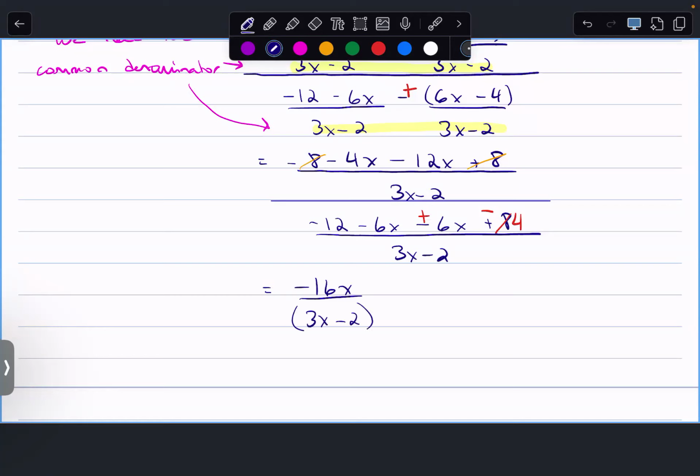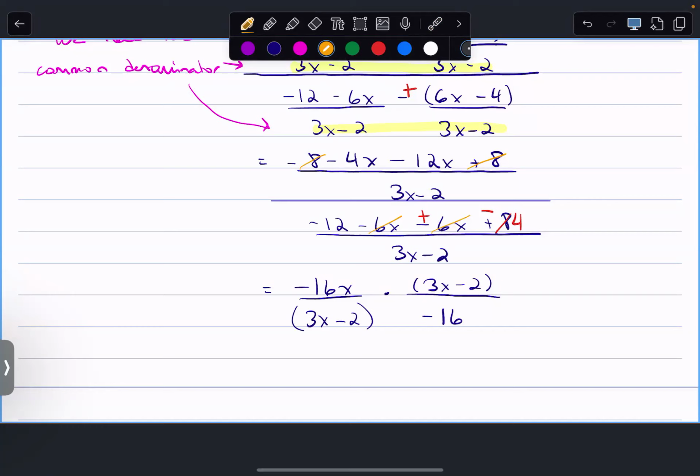Throw brackets on there to show it can be one thing. Times 3x minus 2 divided by, here's the pickle. Negative 12 minus 4 is negative 16. And negative 6x plus 6x, that's going away. And I'm just left with negative 16.